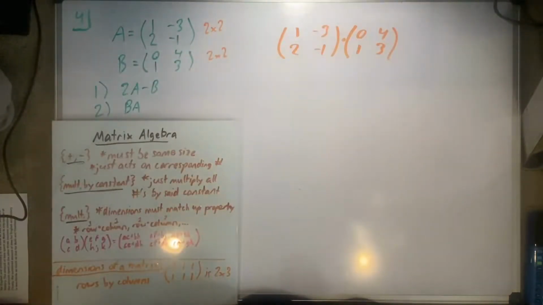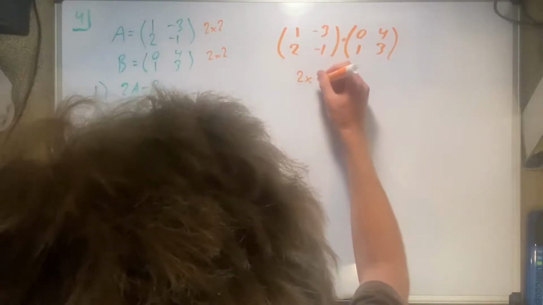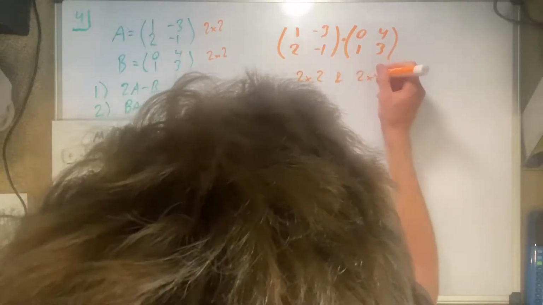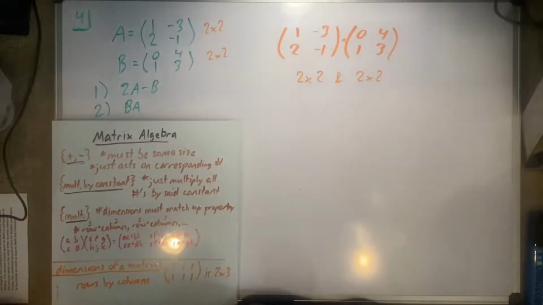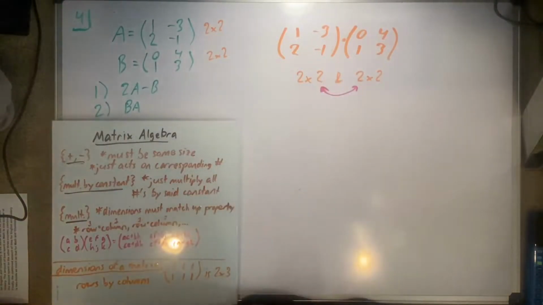So how you do multiplication is your dimensions must match up properly. And what that means is we're dealing here with a 2 by 2 and a 2 by 2. So in order to do multiplication with this, the two numbers in the middle of the two multiplying must match.